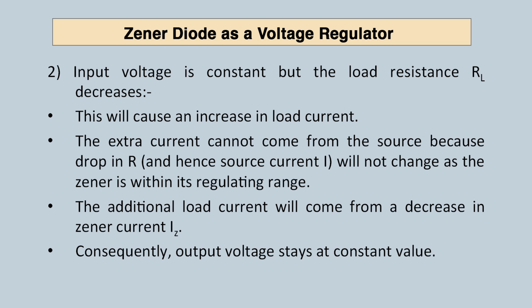The additional load current will come from a decrease in Zener current. Consequently, output voltage stays at a constant value.